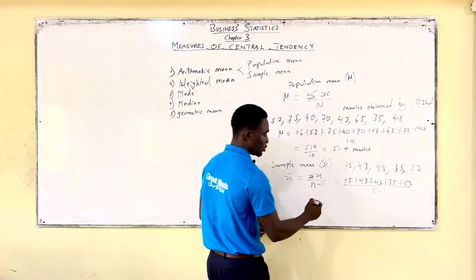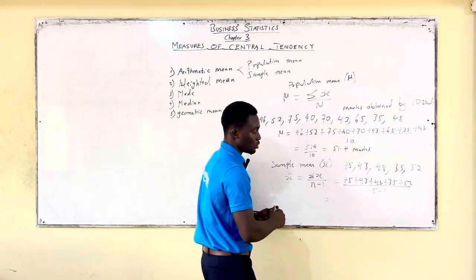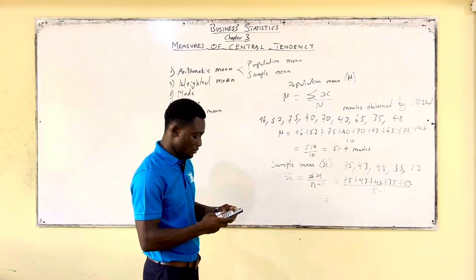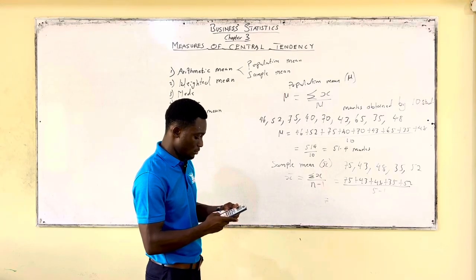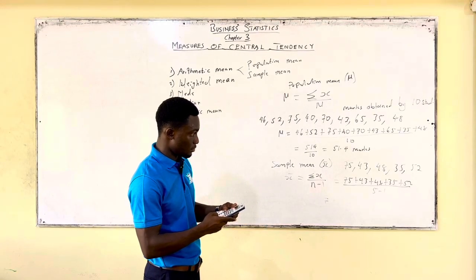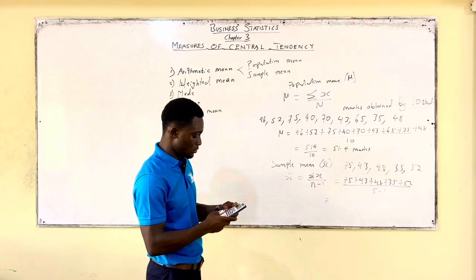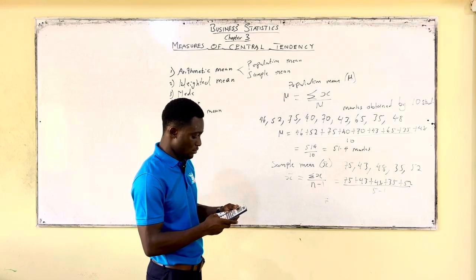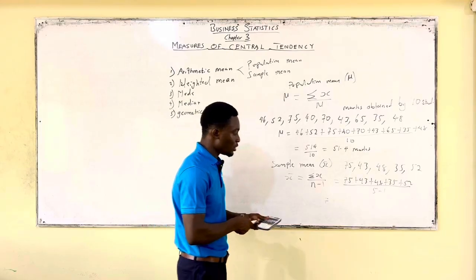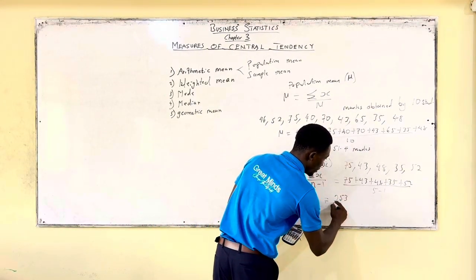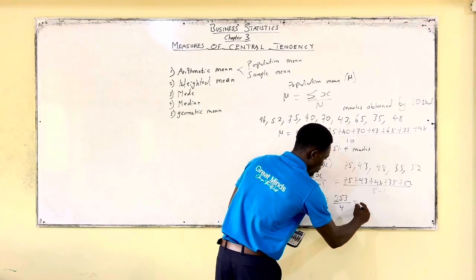Do you get it? So this is going to give us 253 divided by 4.